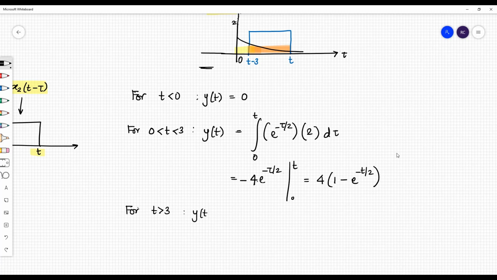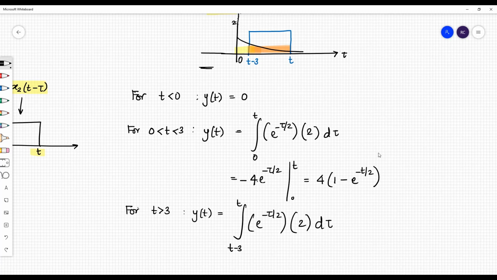right? And how do we write y(t)? This time the signals remain the same, right? So this is still e to the power minus tau by 2, and this is still 2 d tau, but the limits now are from t minus 3 to t.